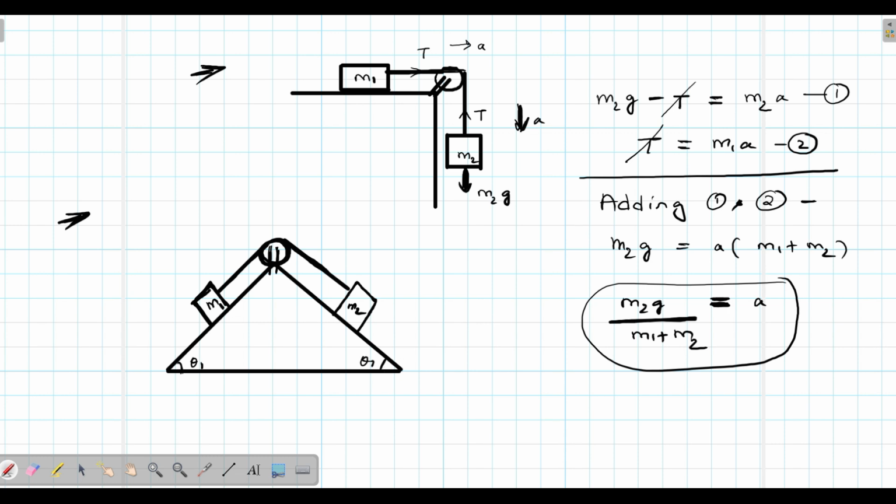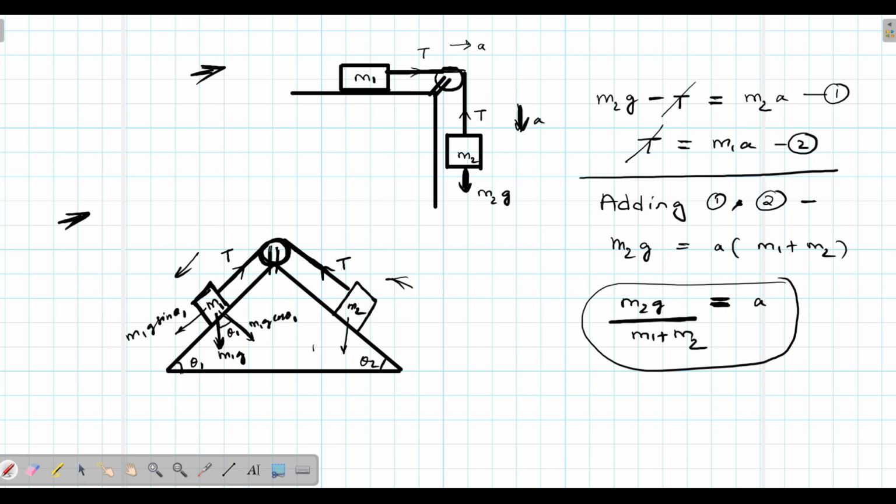This angle is theta 2. T is the tension in the string. So weight is M1G. M1G, this is theta 1. M1G cos theta 1, and M1G sin theta 1. So this moves in this direction, this moves in this direction.